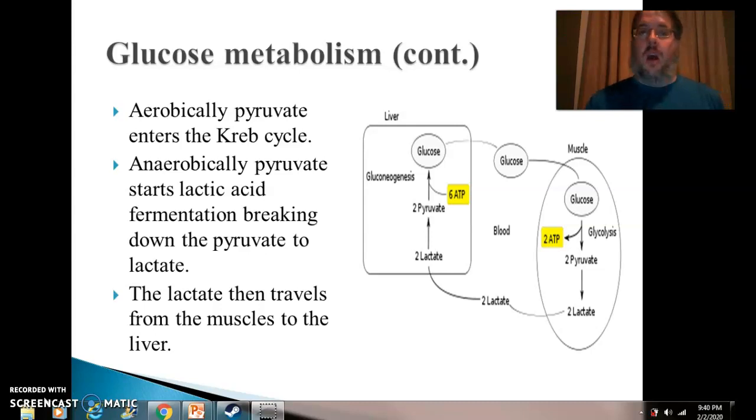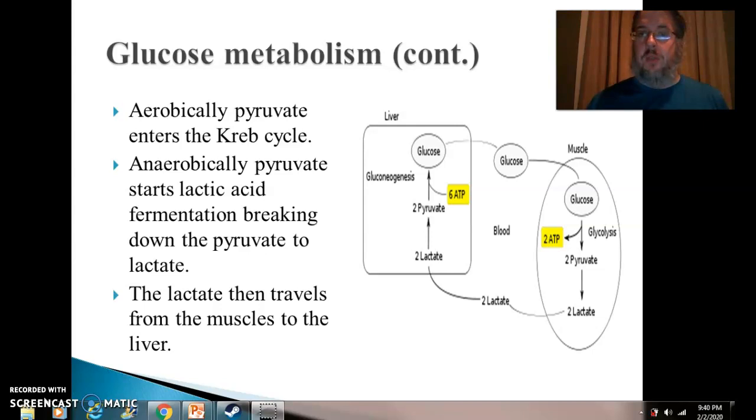From there, if it's done anaerobically, the pyruvate starts the lactic acid fermentation, where the NADH that is produced from glycolysis is then broken back down into NAD ion and hydrogen ions.